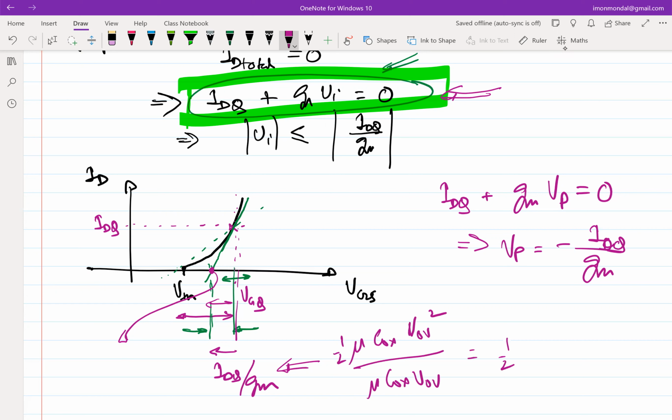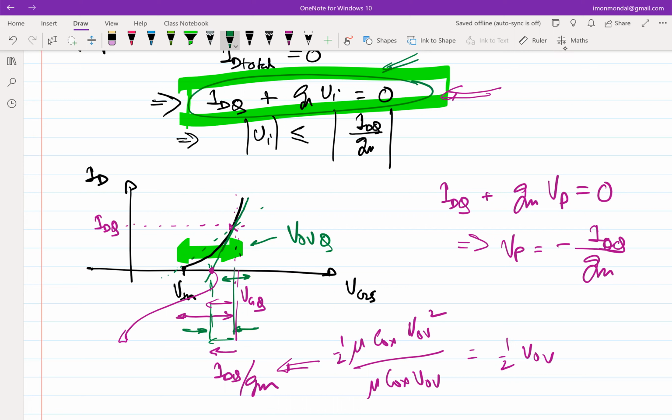So this is half of V overdrive. V overdrive is VGS minus VT, right? So essentially, if this was your quiescent V overdrive, how much you can go from your quiescent till you honor linearity is half of that value.